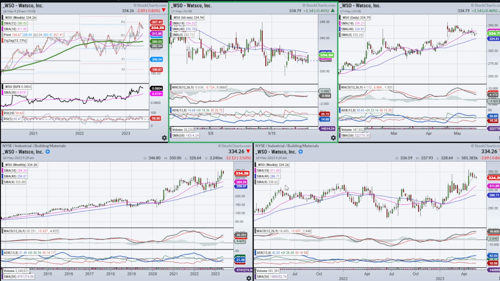The other thing you can do, because this is coming out of a really nice base and it has strong momentum, is see if this uphooks, if this forms a higher pivot low right at the breakout low. It comes down a little bit more, maybe uphooks here and forms a higher pivot low. You could trade it off the weekly because it's coming out of this base on the monthly.